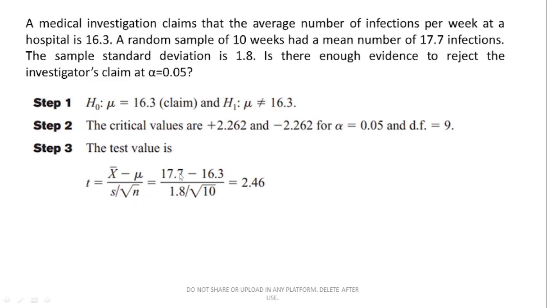So, our sample mean is 17.7 minus our population mean, which is 16.3, all over our standard deviation, which is 1.8, all over square root of 10. So, ang ating test value or the calculated t-value is 2.46.